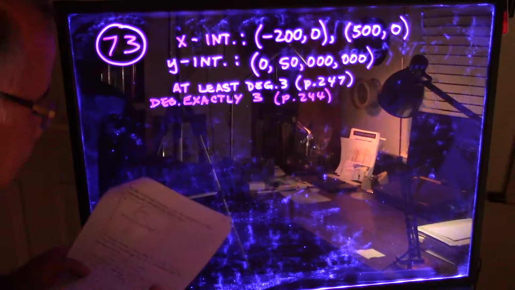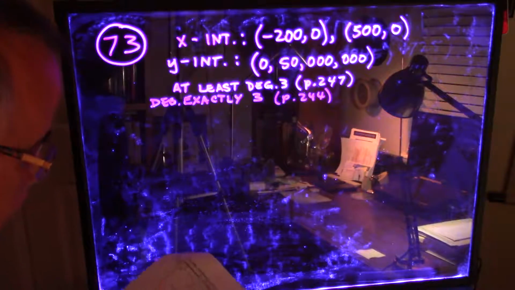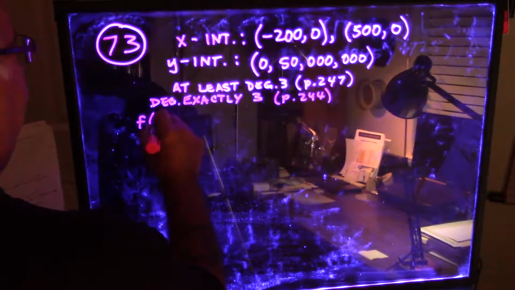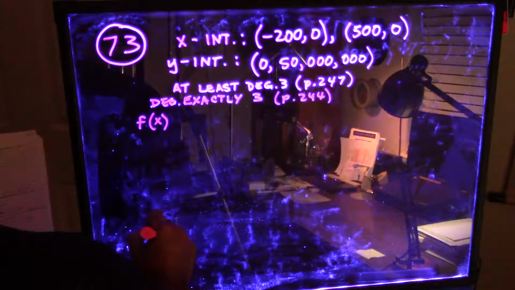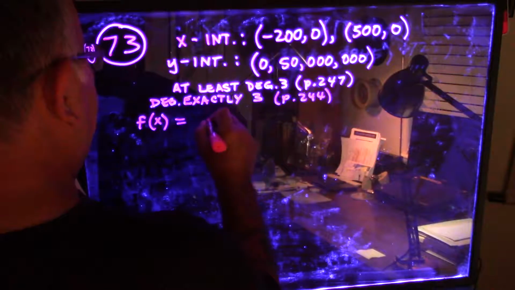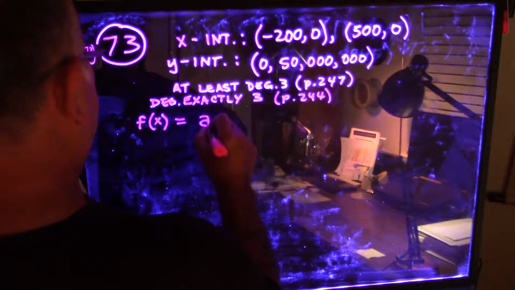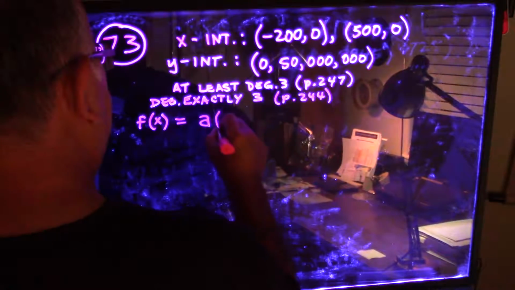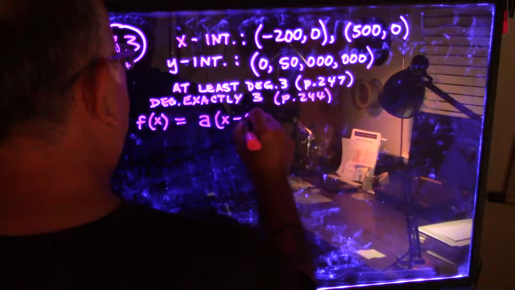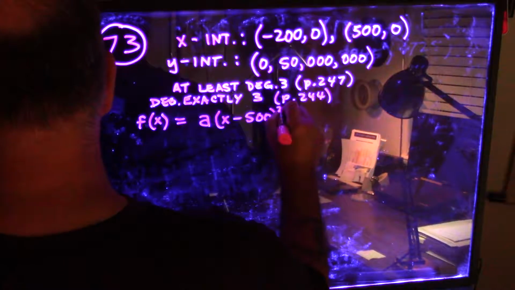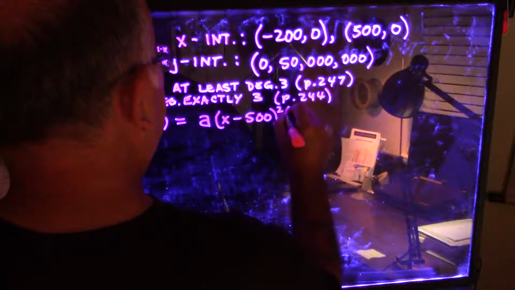So that will let us write a function. It's almost complete except for the leading coefficient, so the leading coefficient is a, and let's see, that would be x minus 500 squared, and then x plus 200.